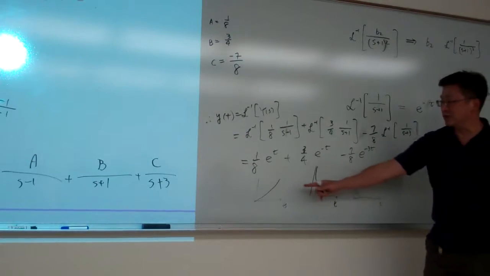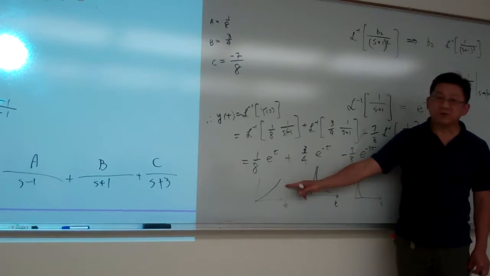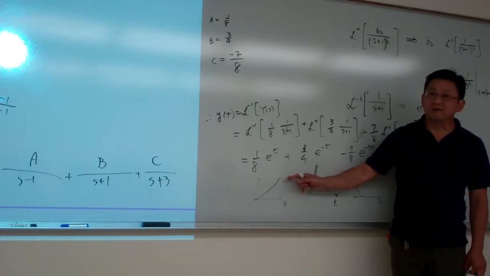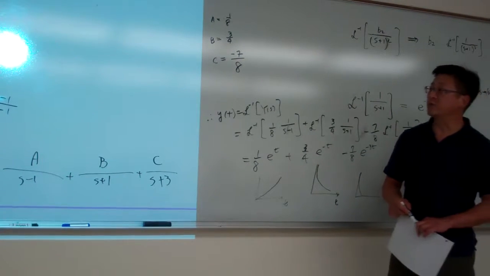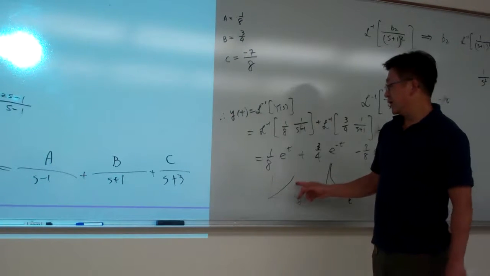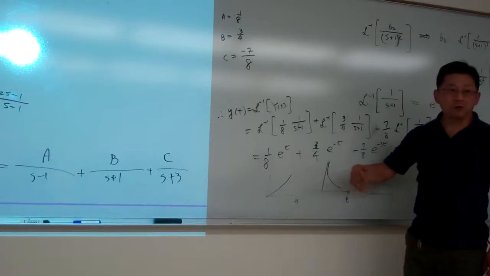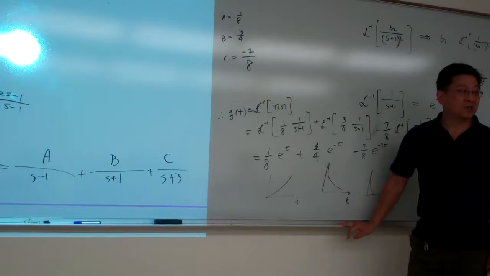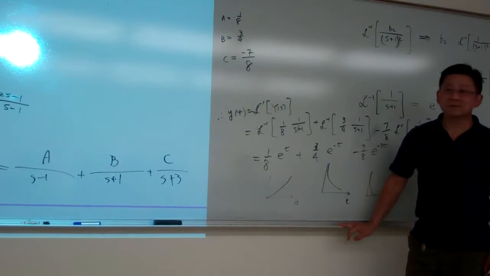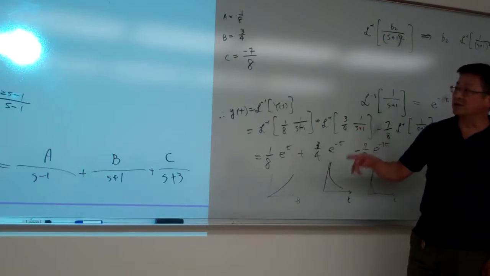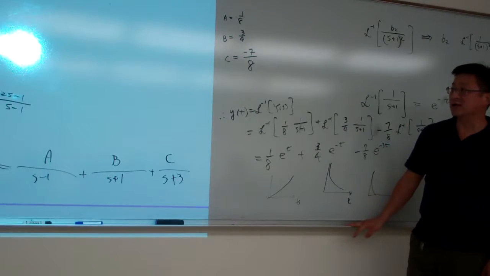So when time goes by, if y represents a displacement, then the system's displacement will move perpetually away from its equilibrium position. So I can tell the system due to this excitation is unstable.